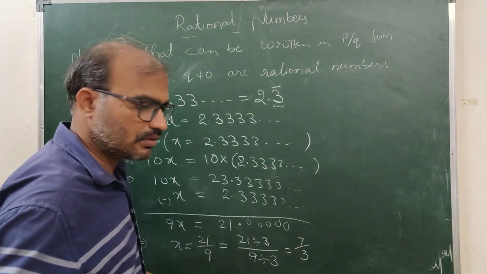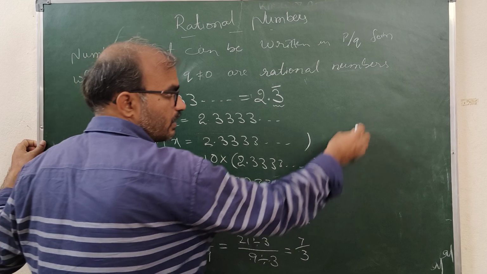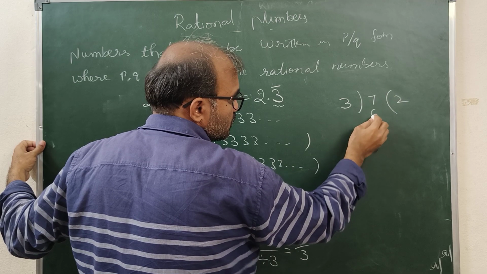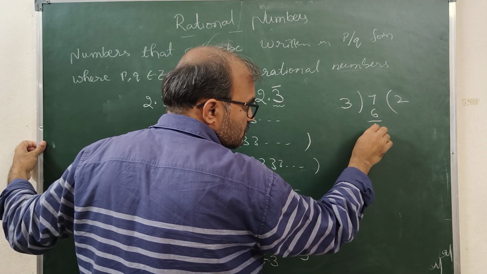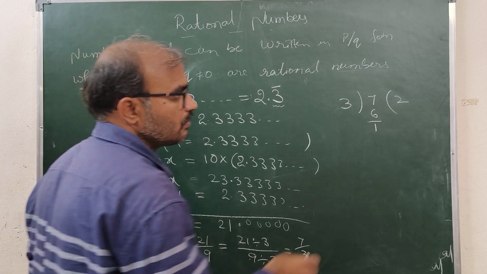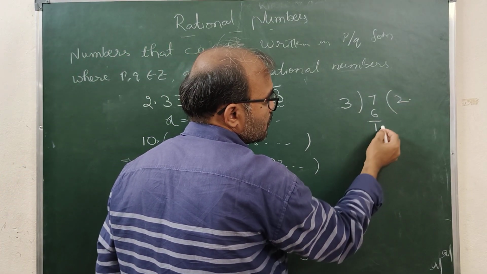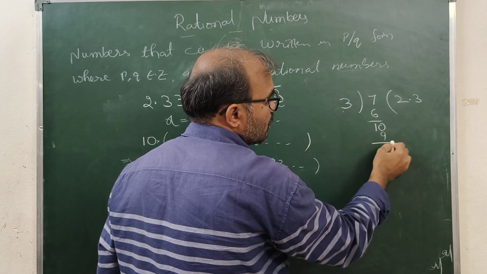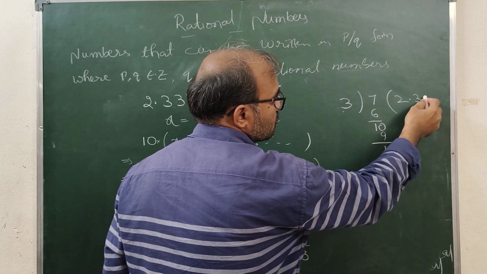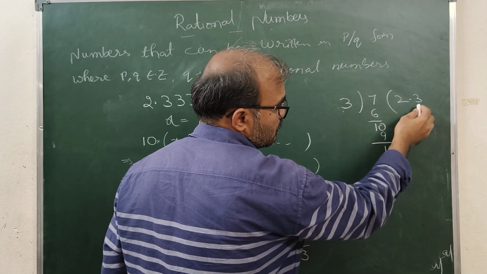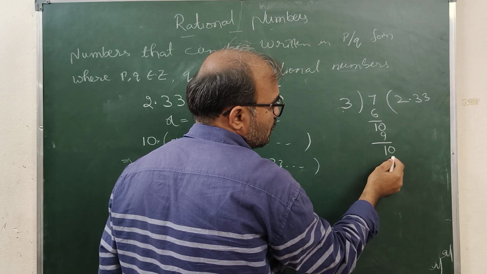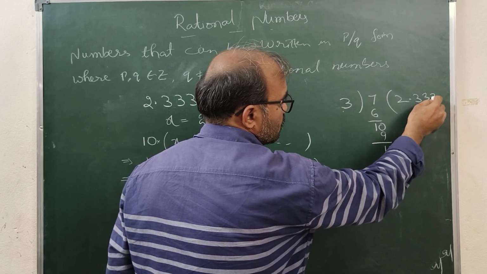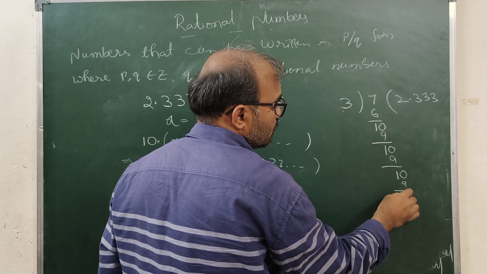For verification you can check by dividing 7 by 3. 3 twos are 6, 1 is the remainder. Now keep a point and keep a 0. 3 threes are 9, 1 remainder. Again keep 0, 3 threes are 9, 1. Keep 0, 3 threes are 9, 1.